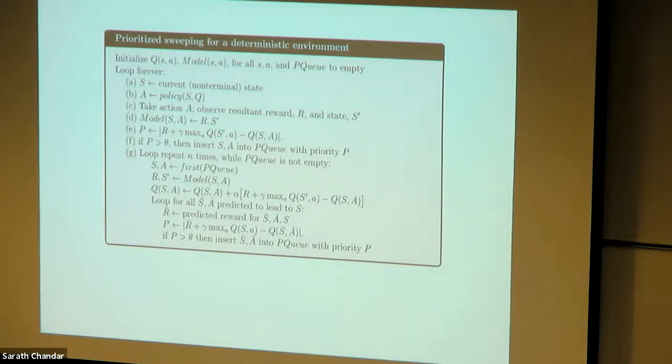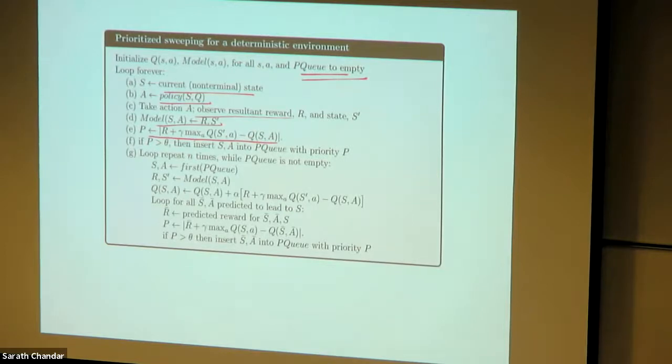So the idea is really simple. You start with an empty priority queue. Now you are in a current state, you take an action by using the policy, and you put it in the model. Now you compute the priority value, which is basically this difference in the Q values.